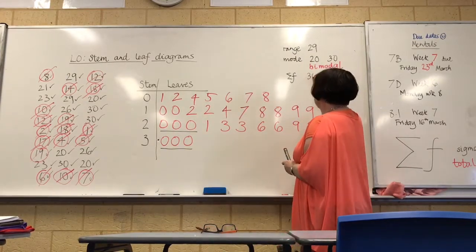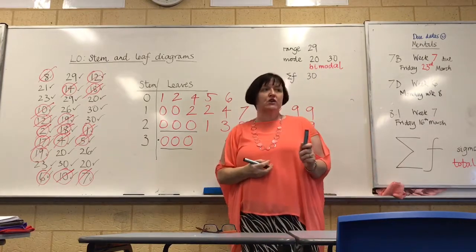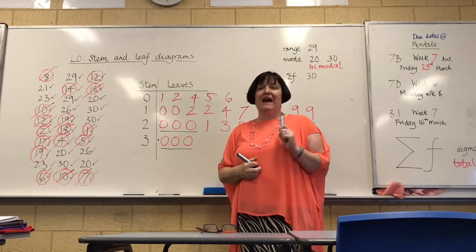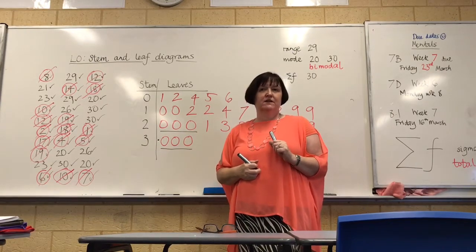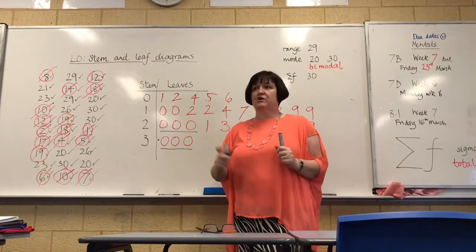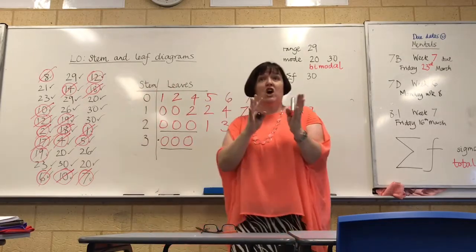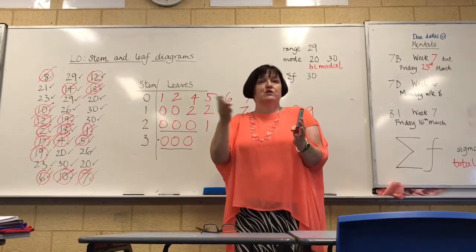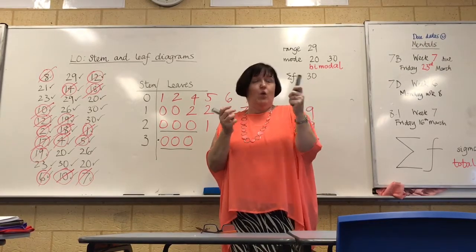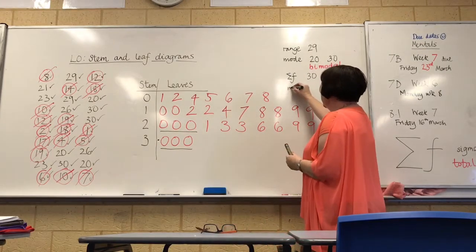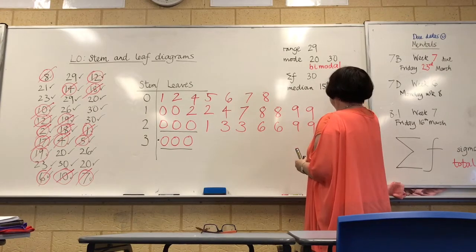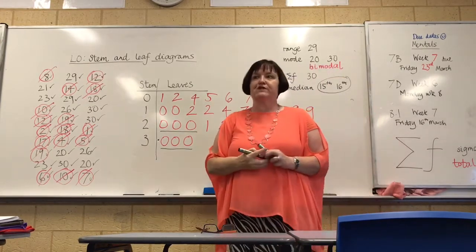Now, if we're going to look for the median, and we have 30 bits of data, which bits of data are going to be the median? 15 and 16. Well done. The median is going to be the 15th and the 16th bit of data, and then we find the average of those two.